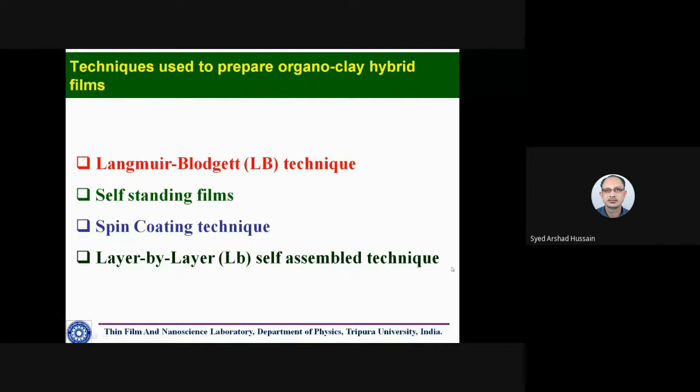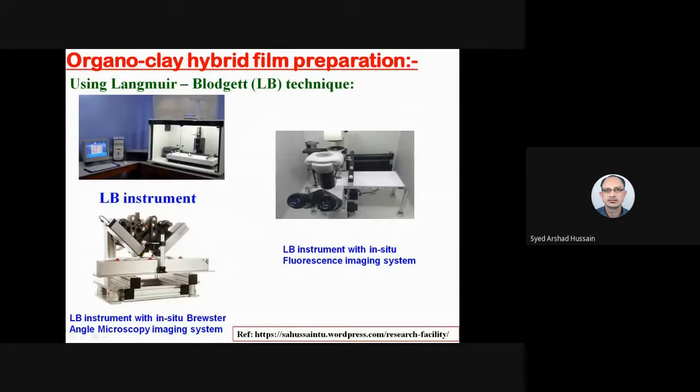self-assembly technique. In my last FDP, I discussed details about the Langmuir-Blodgett technique, how this can be used to prepare two-dimensional material. So here I will not go into details on the techniques, but this is the instrument for preparing LB films using the Langmuir-Blodgett technique, and this is an instrument attached with fluorescence imaging microscopy.